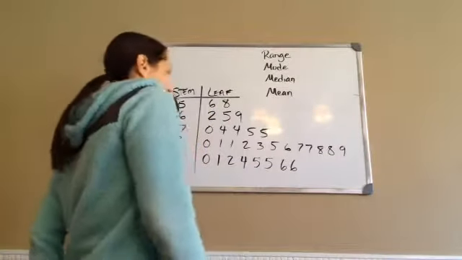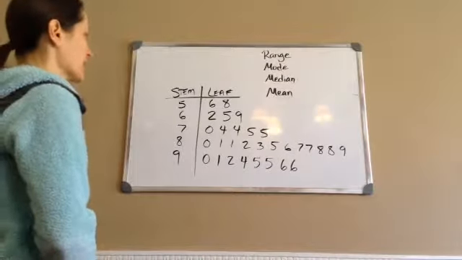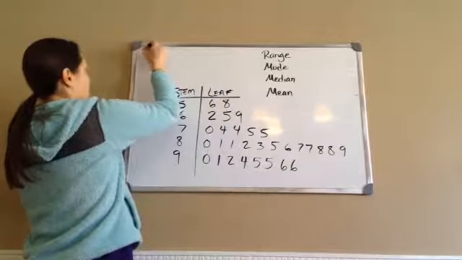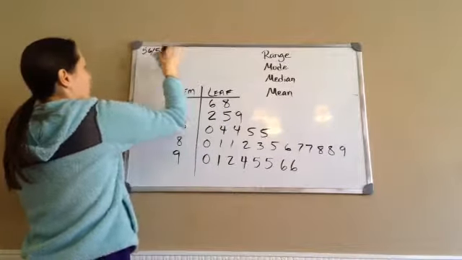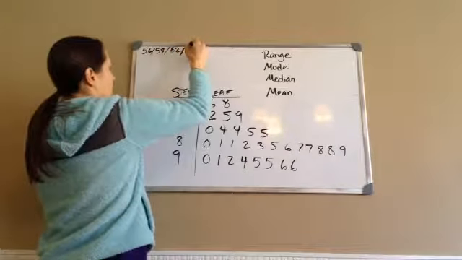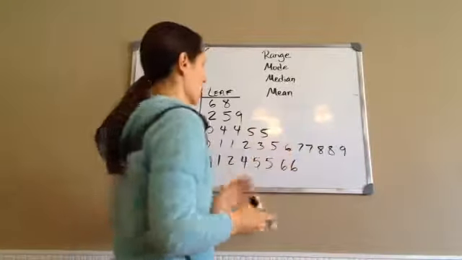Now, the next thing that they do is they put them in order. They actually write down 56, 58 right here. 56, 58. They're showing each one: 62, 65, 69. See how they do that? And then they keep going on and on.